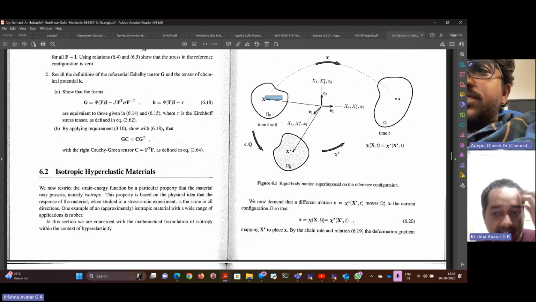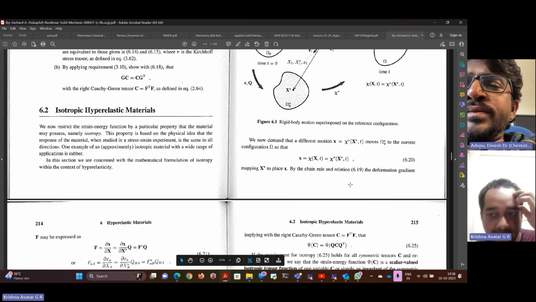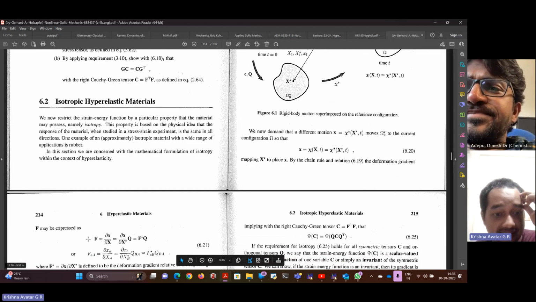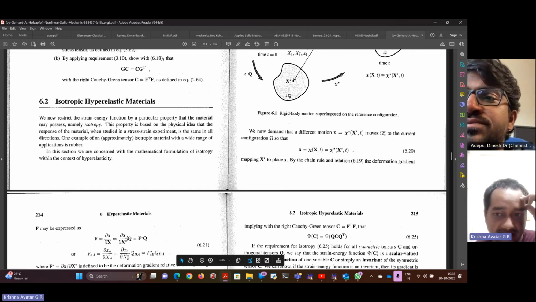So x is equal to xi is equal to xi star, and they take different arguments. By chain rule, the deformation gradient will be defined as F is equal to partial x by partial capital X, and then we use the chain rule.